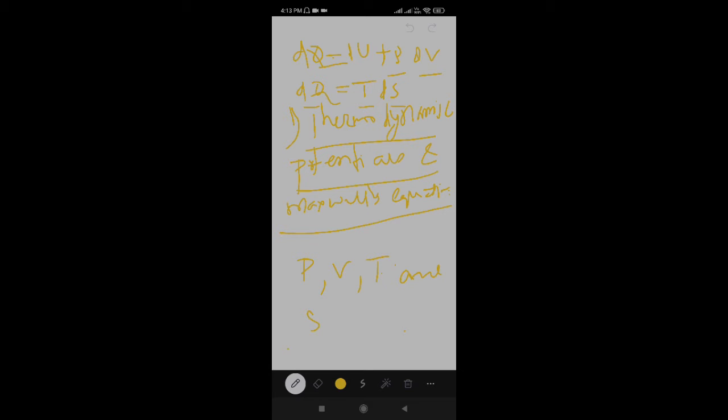Some functions of these parameters P, V, T, S are known as the thermodynamic potentials. The functions of these parameters are known as the thermodynamic potentials.